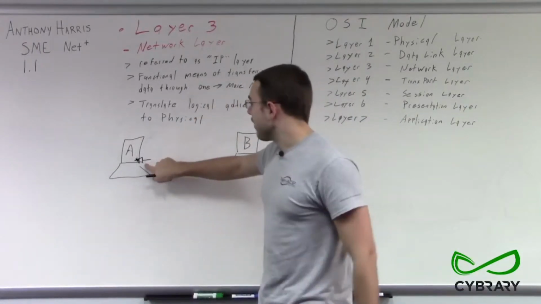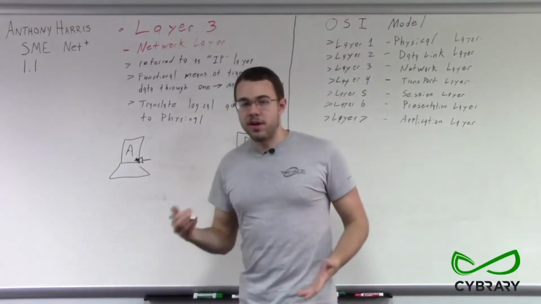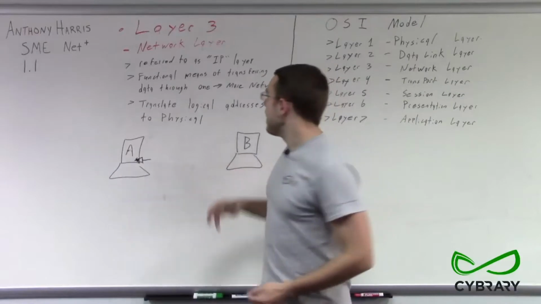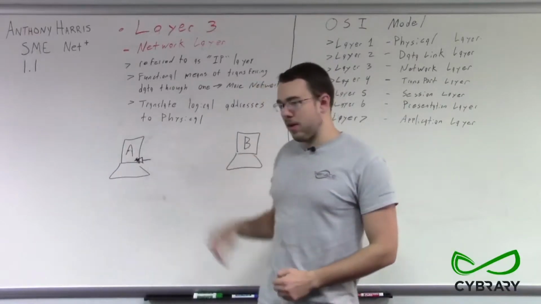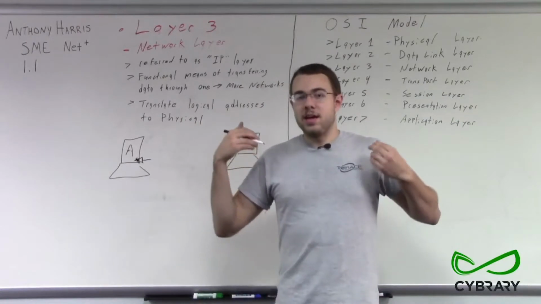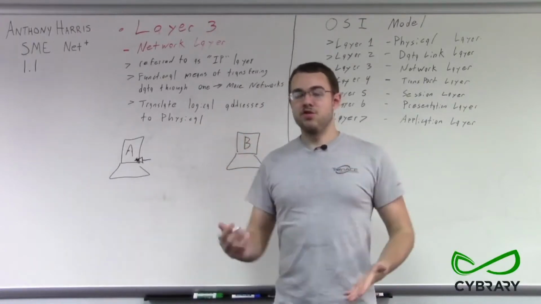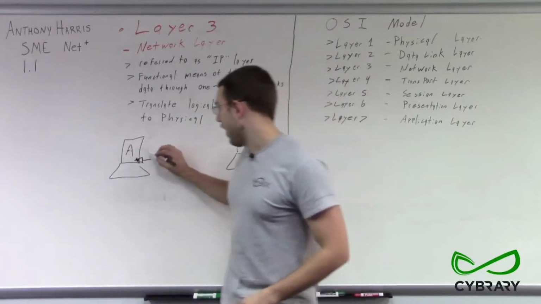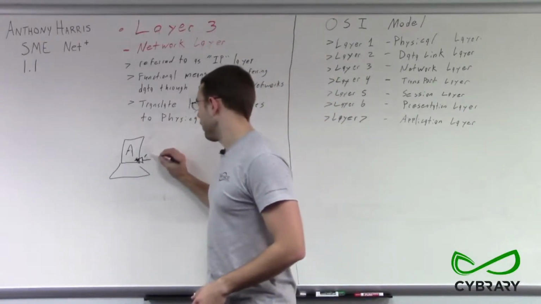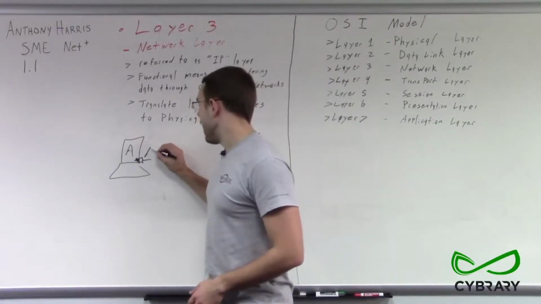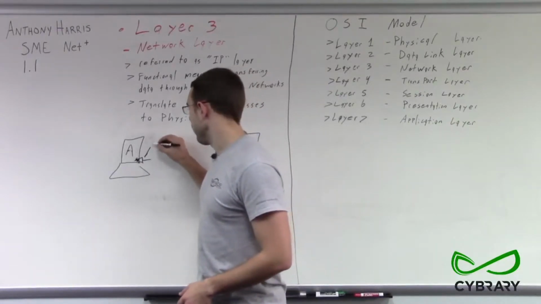Well, this network interface card has a unique address. We talked about the MAC address. That sending MAC address may be written on our network interface card, but it's a unique physical address assigned to that particular network interface card, and that MAC address is going to be layer 2.